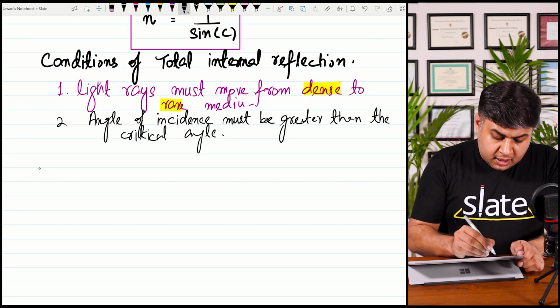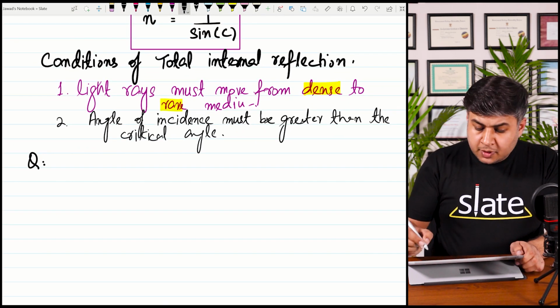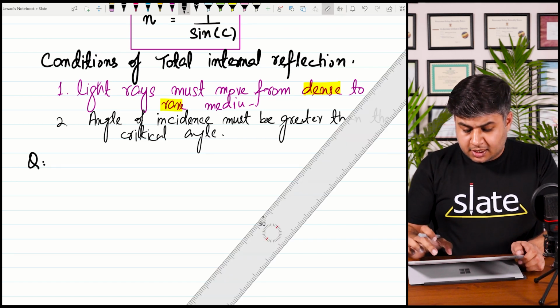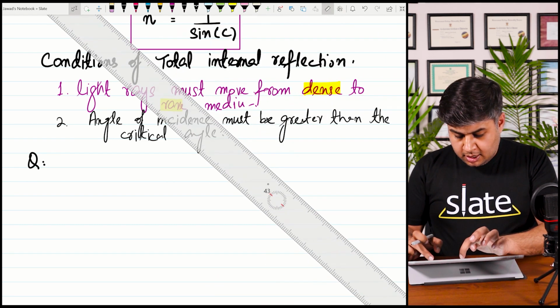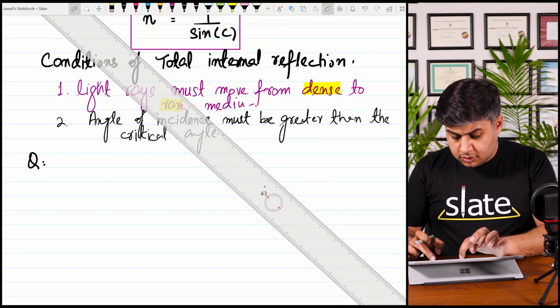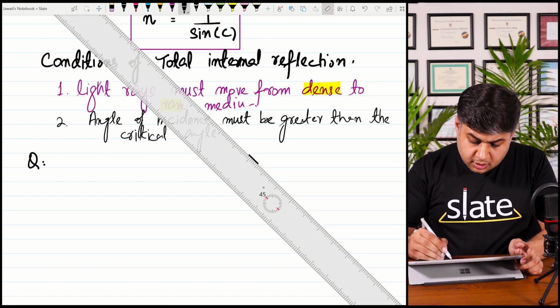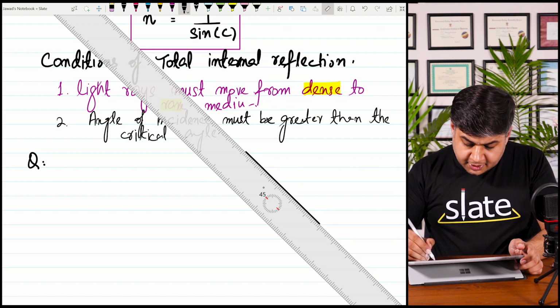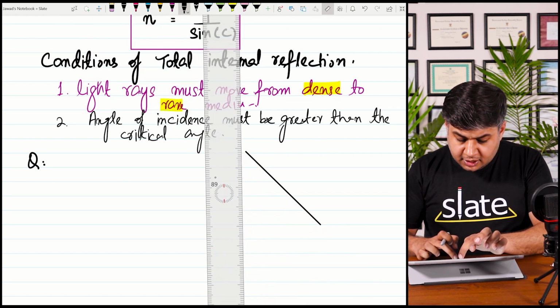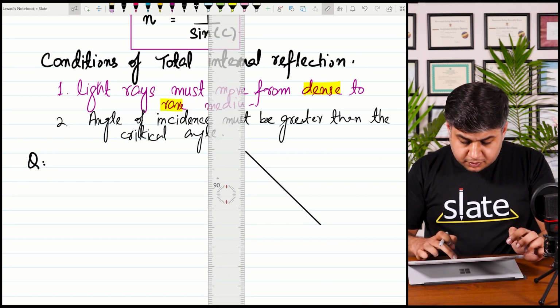फॉर दैट वी आर राइटिंग अ क्वेश्चन. ठीक है, मैं इसकी डायग्राम ड्रॉ करता हूं आपके सामने. Here is a prism. ठीक है, प्रिज्म की, ग्लास प्रिज्म की तीन साइड होती हैं. This is one side and these are the other two sides of this glass prism.